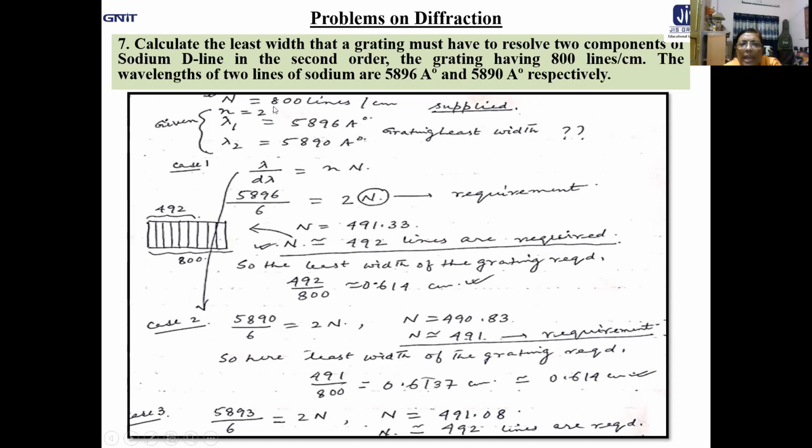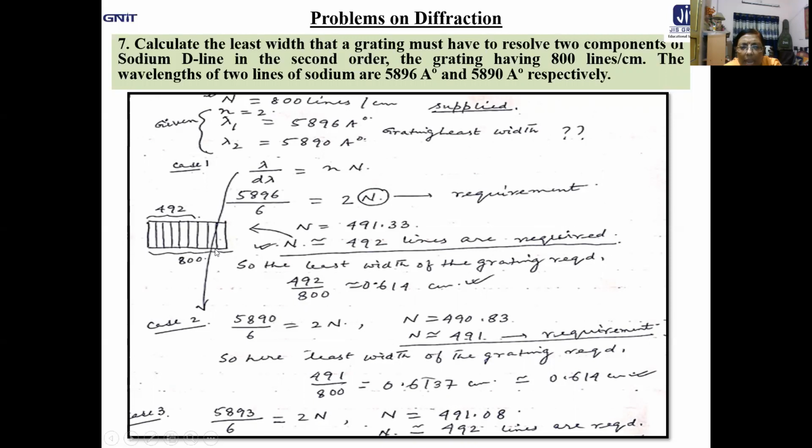Now, the grating which is given to you has 800 lines per centimeter. Say this is the total width of 1 centimeter, which covers 800 lines. Out of this, you need only 492 lines' width.